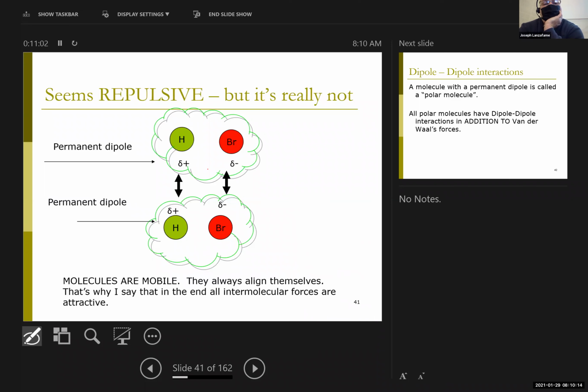And so as this molecule approaches the other one, it's going to naturally rotate so that the positive side of the molecule is near the negative side of the neighbor. And so still, even in the case of having a permanent dipole, all of my interactions are attractive.